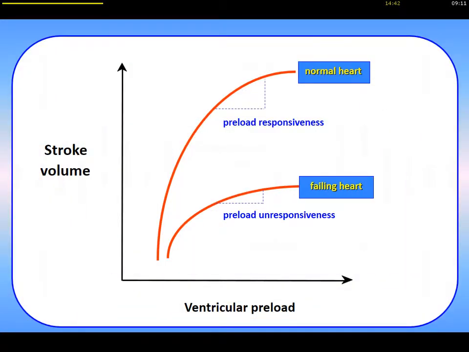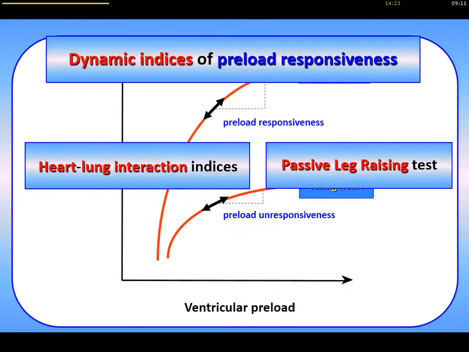What are dynamic variables? In fact, dynamic variables are assumed to give some idea about the slope of the Frank-Starling curve at the time you decide to give a treatment or not. The slope can be defined if you have at least 2 points.